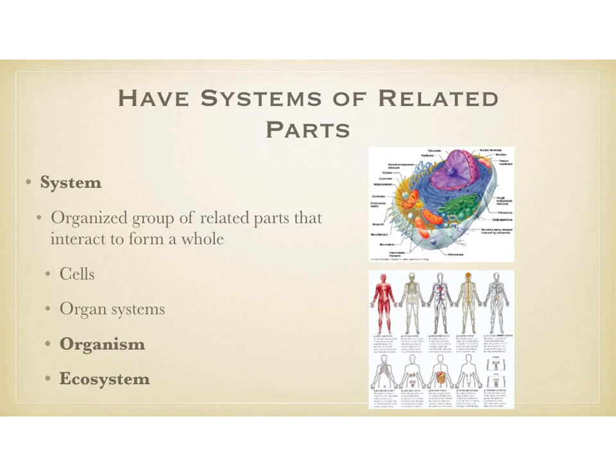Living things have systems of related parts. A system is an organized group of related parts that interact to form a whole. Within the cell are specialized structures called organelles that have a specific function to help that cell survive. An organelle called the mitochondria helps transform energy into a usable form, taking sugars and breaking them down into ATP.